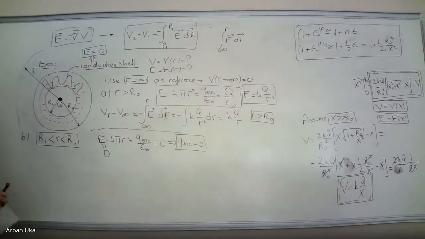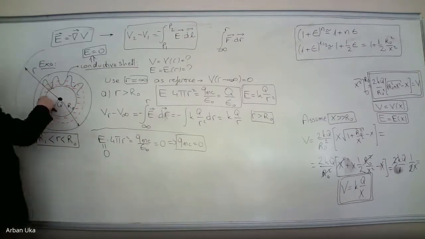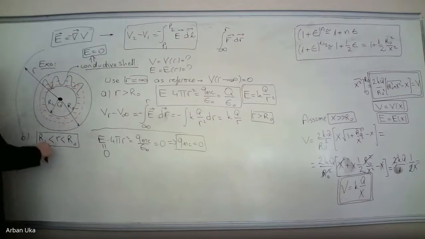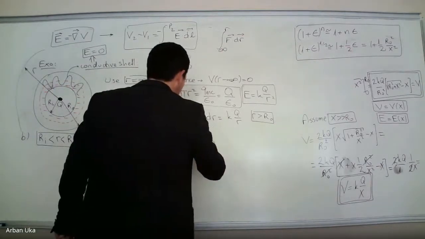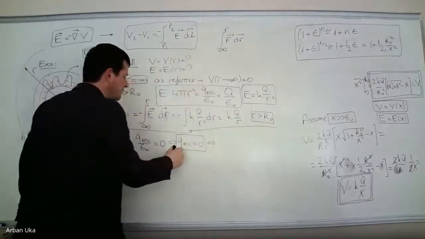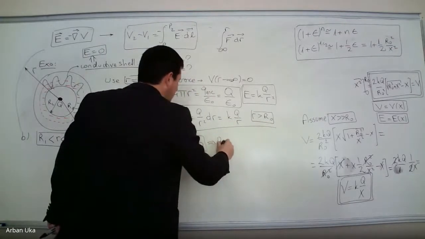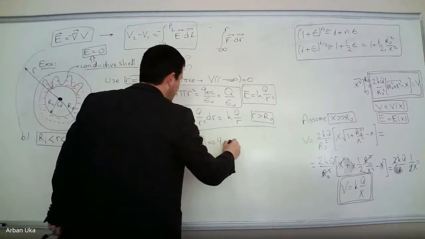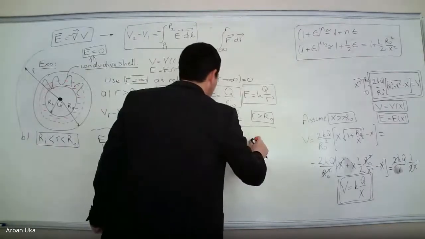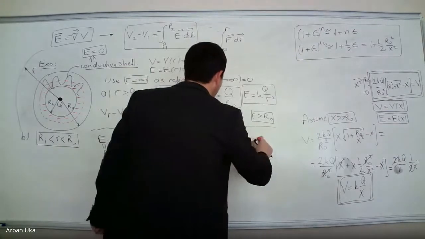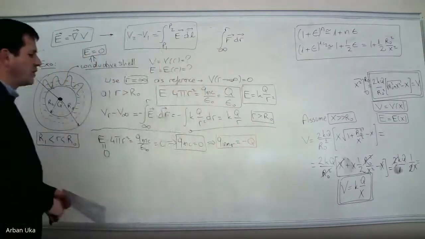And the summation of all of these negative charges implies that the Q inner is equal to minus Q. Why is this?